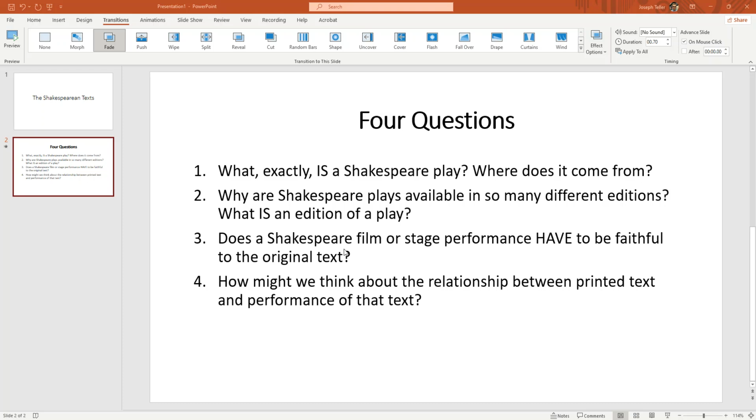There's a lot of evidence for this we've uncovered in recent decades in the scholarship that actually suggests that this is one of the reasons why there are some significant differences in some of the original versions, the original printings of Shakespeare's plays.